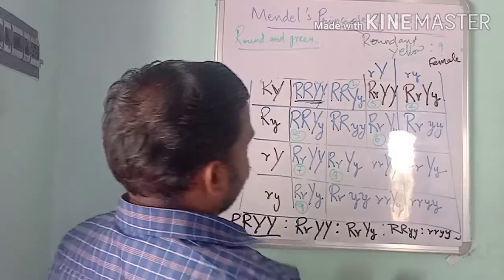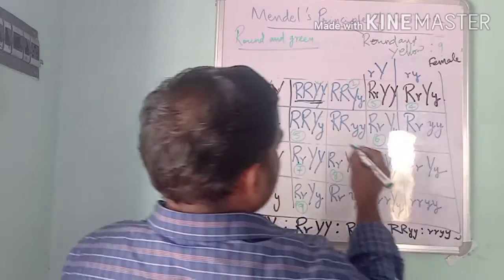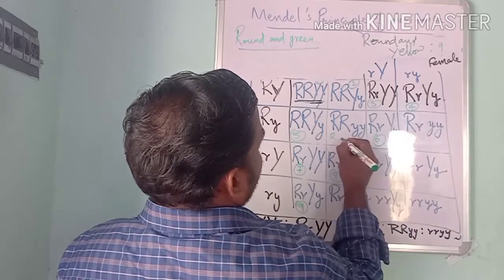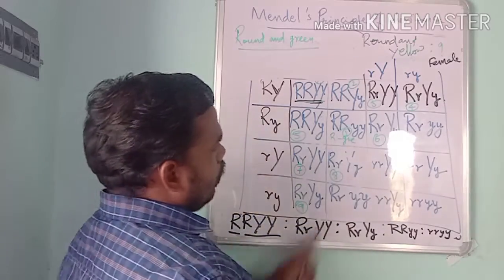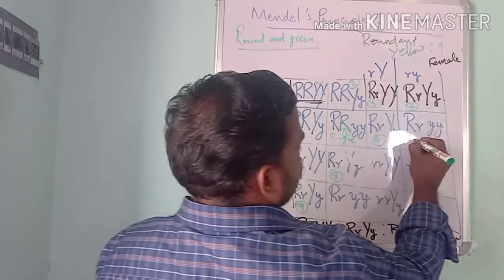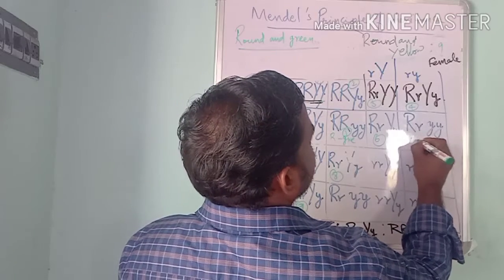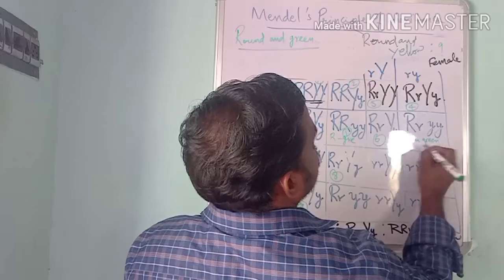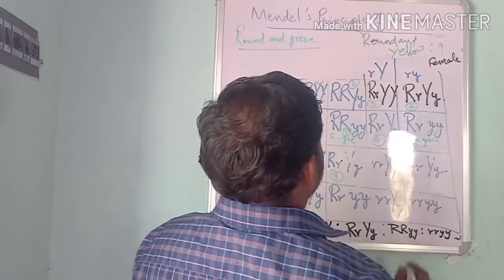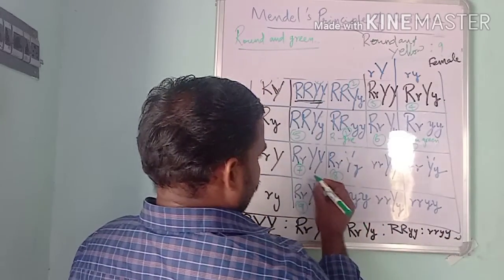So this is over, no? This everything over. This is a round and green. So number 1, round and green. This is also a round and green. This is number 2. Okay.